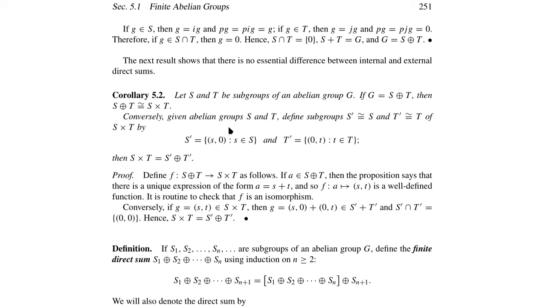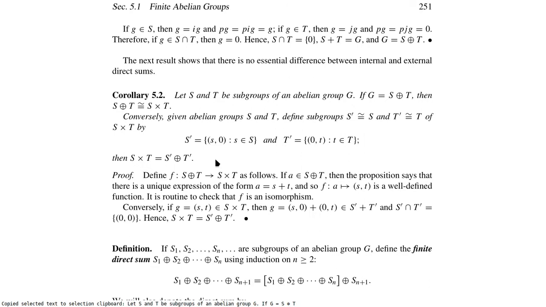And conversely, if you have two abelian groups S and T, you define subgroups S prime and T prime, which are isomorphic to S and T, of S cross T using this manner. So this is just a way of saying how taking direct sums in this manner is essentially the same as using the other format of tuples and the Cartesian-looking product.